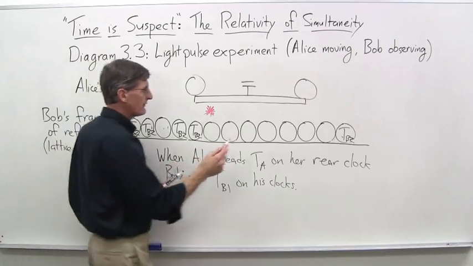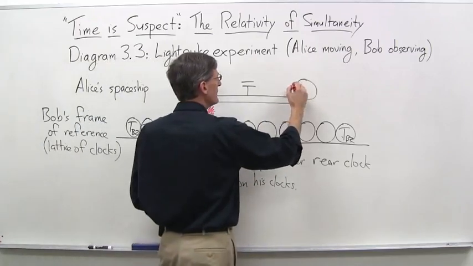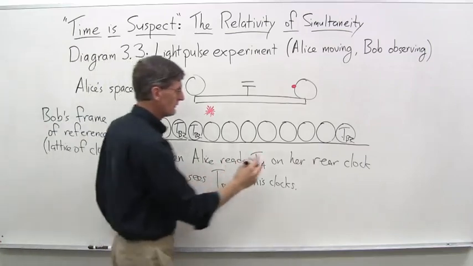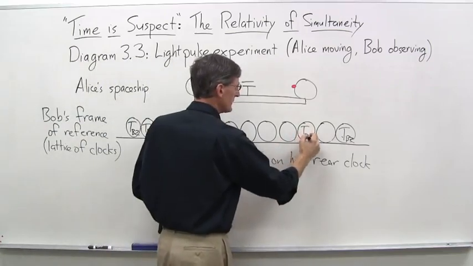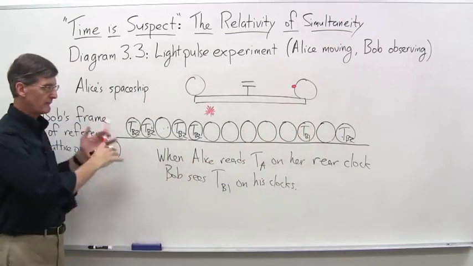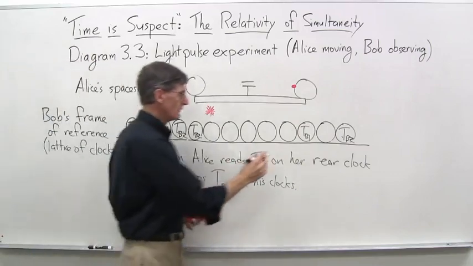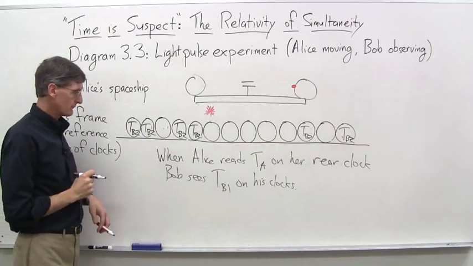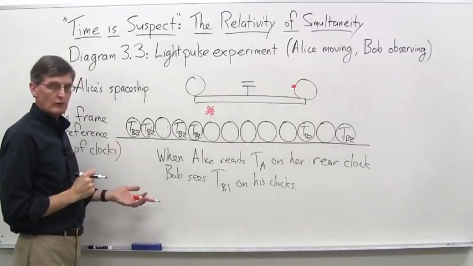And now finally he sees this photon hit that clock, and again he would take a little photo right at that instant and says, okay, my clocks all read, not TB1, sorry about that, TB2 at that instant in time. So, what else do we know about that instant in time?